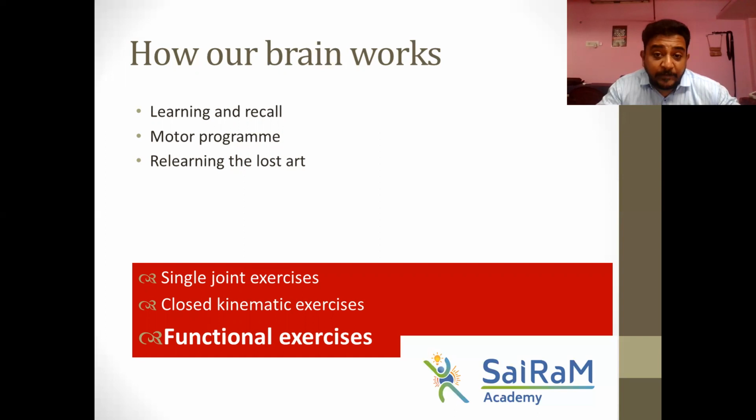Your brain remembers only the words and sentences. Likewise, your brain remembers only the tasks and the functions. You have been doing functional positions in various atmospheres, in various tasks, and how your muscles were recruited is what your brain will remember, not the individual muscle activity.